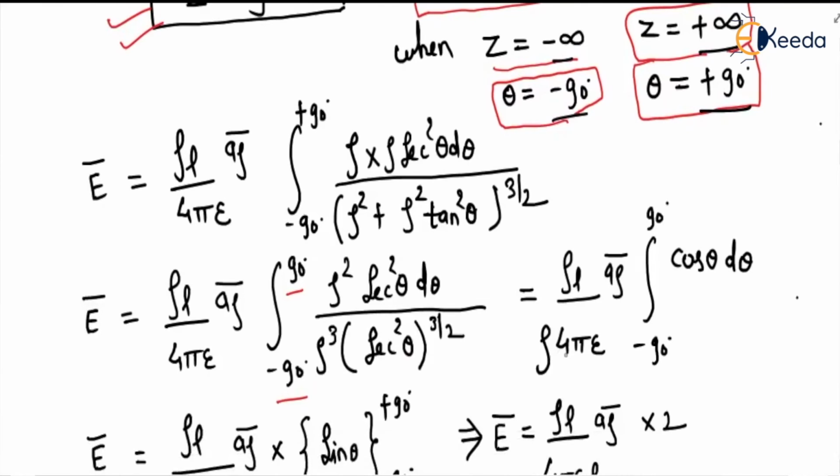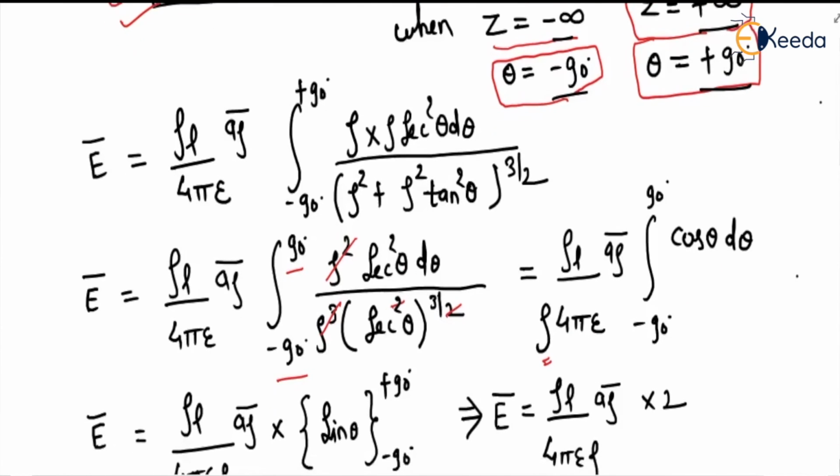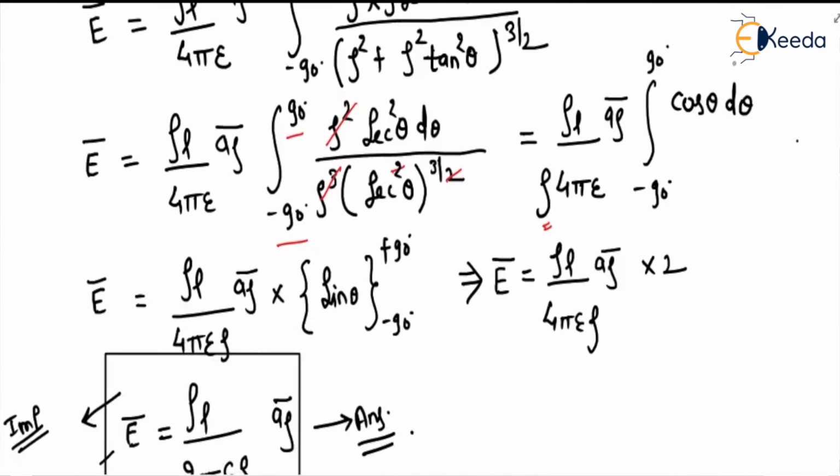So rho L upon 4 pi epsilon, this rho square and this rho cube will cancel, and only rho will be present here, a rho vector, and this square and this cancel, so sec cube will be present. Sec square by sec cube is 1 upon sec, and 1 upon sec is equal to cos theta, and the integration of cos theta is sin theta.